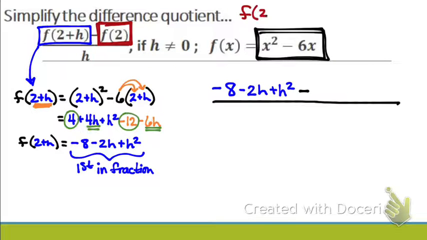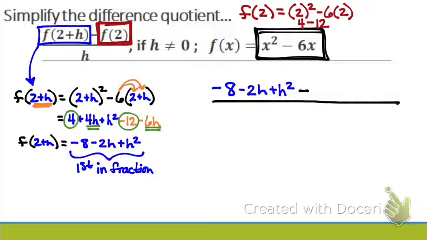F of 2 means that I need to put 2 in the place of x. So I would have 2 squared, which is 4, minus 6 times 2, which is 12.